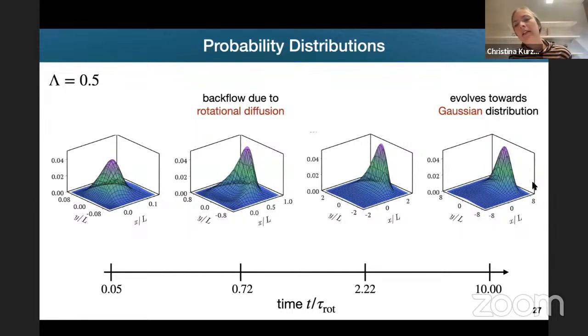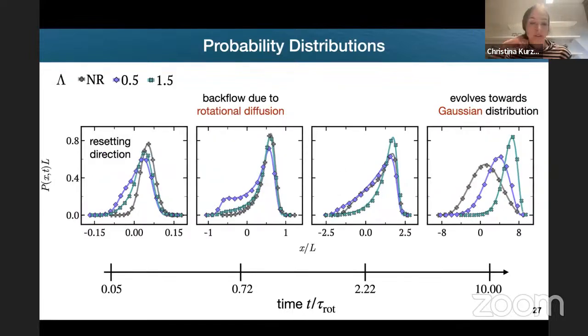And if we then wait long enough, we end up with a Gaussian that moves along the mean drift. And so we can also look at the comparison of these distributions. And here we just look at distributions along the x direction.